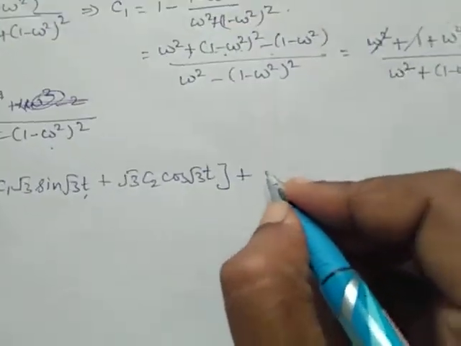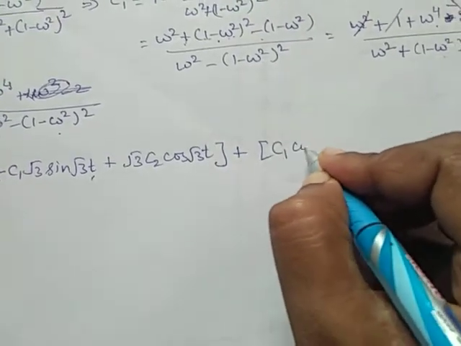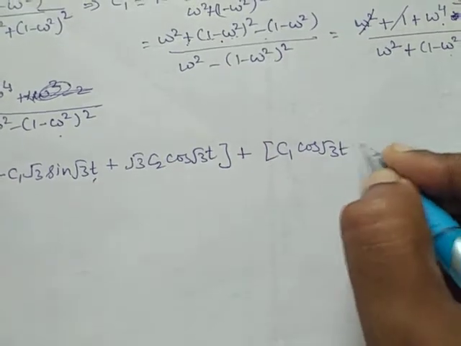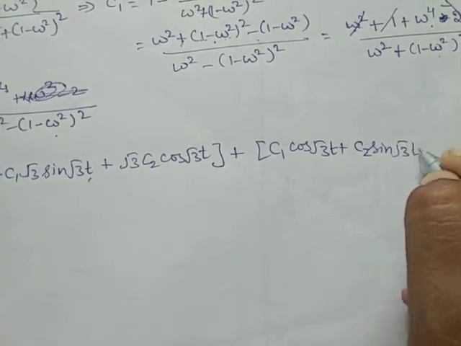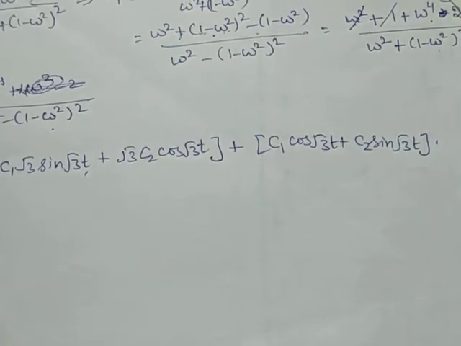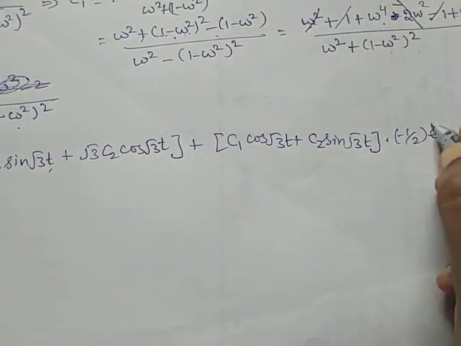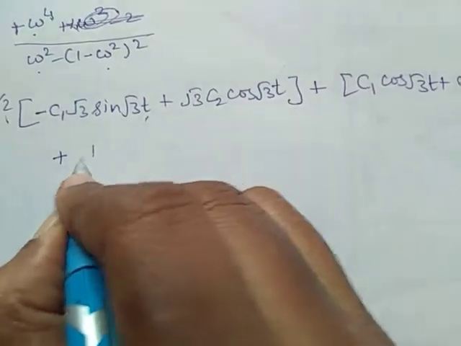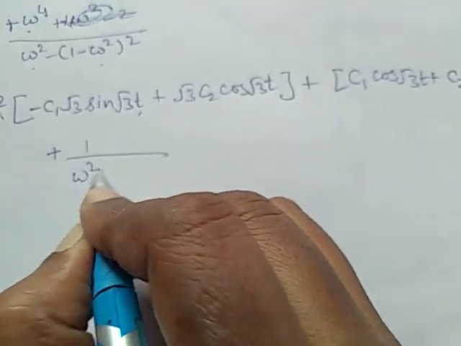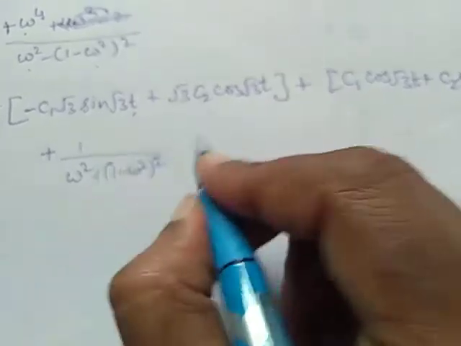So we will get c1 cos root 3t plus c2 sin root 3t into differentiation of e power minus t by 2, which is minus 1 by 2 e power minus t by 2. And we have to differentiate the second term, that is the particular integral term also. 1 by (omega square plus 1 minus omega square) whole square is constant.